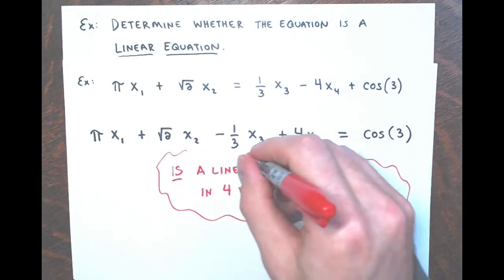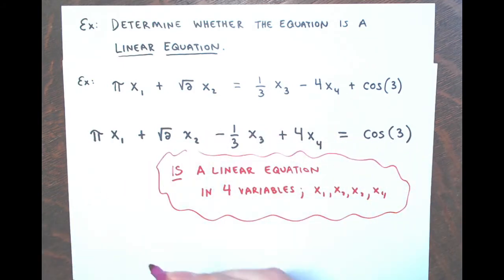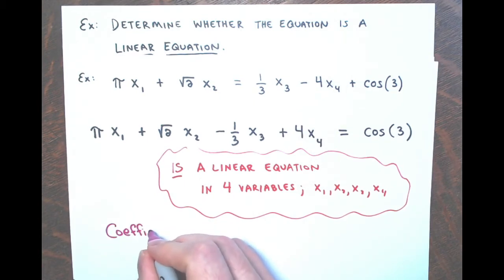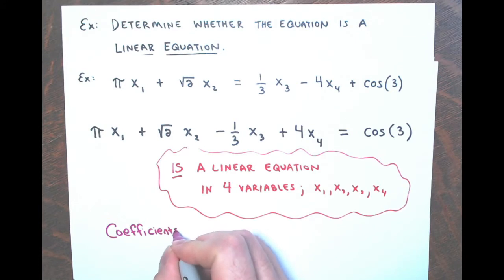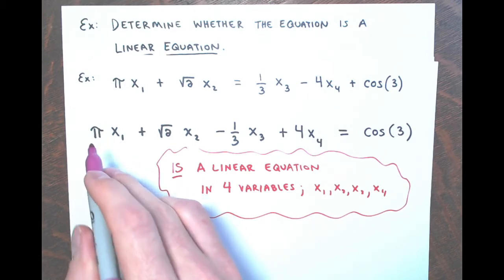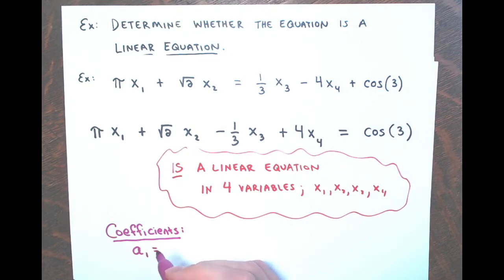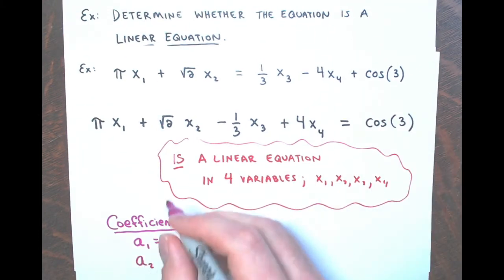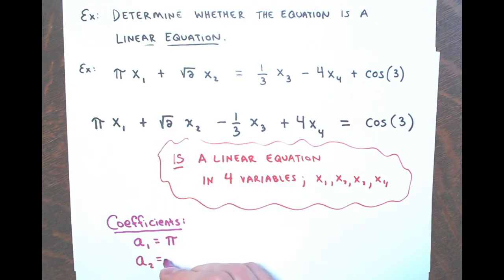Then the coefficients I can easily state. The coefficient of my first variable, a1, is just the number pi, approximately 3.14. The coefficient for the second variable, x2, is the square root of 2.